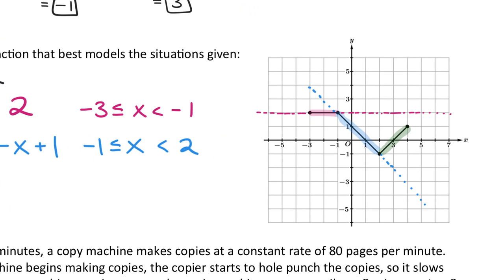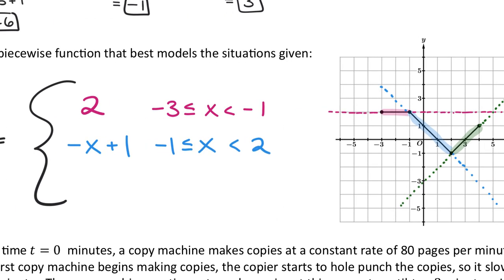But if we look at that green line and pretend like it extends all the way through our graph, right? What's the slope of that line? +1. What's the y-intercept of that line? -3. So my equation for the green part is going to be +1x minus 3. The x values where that one's in control, where that part shows up, is from 2 all the way to 4.